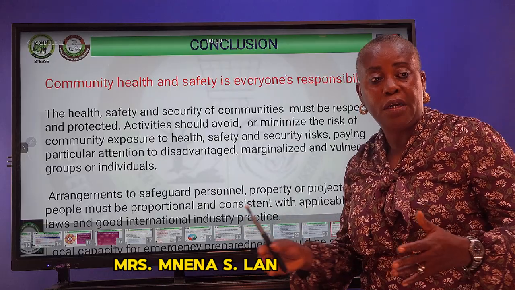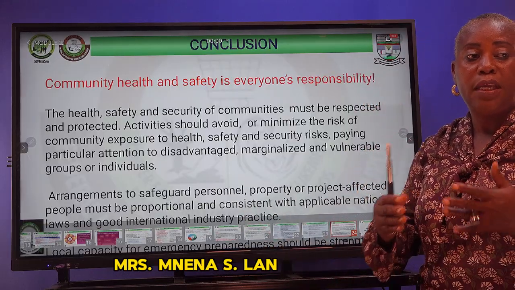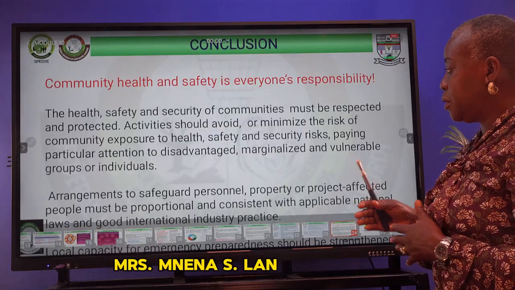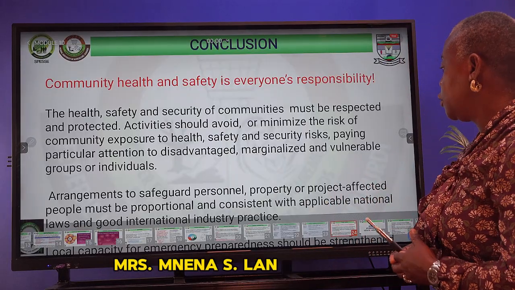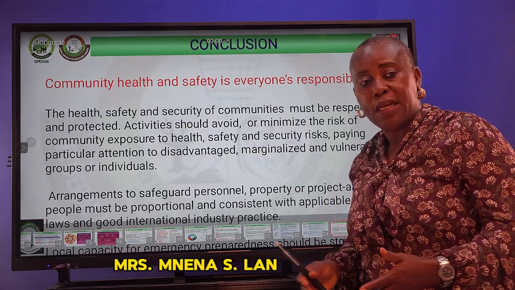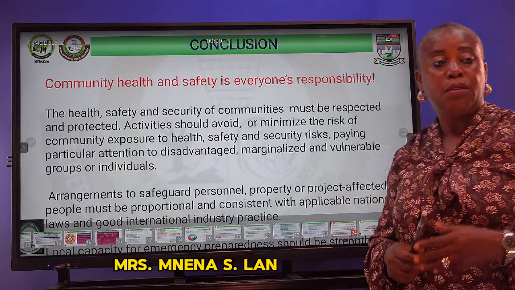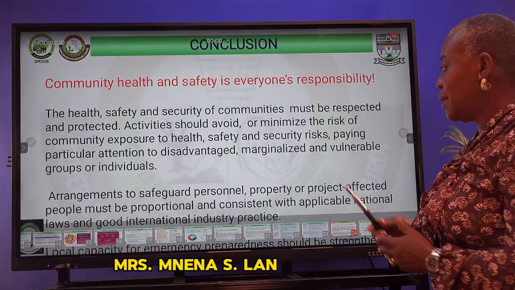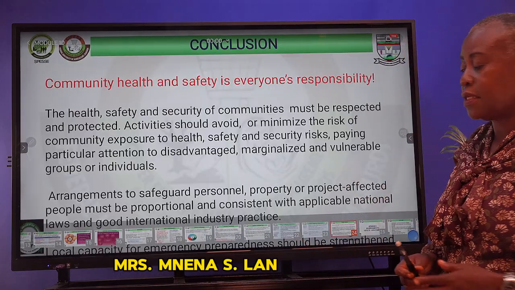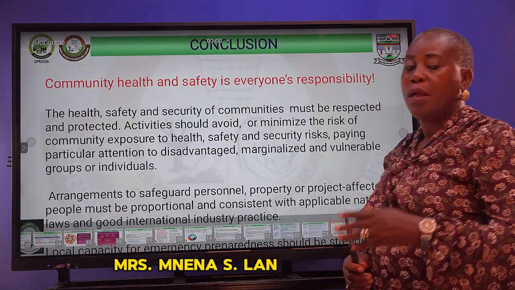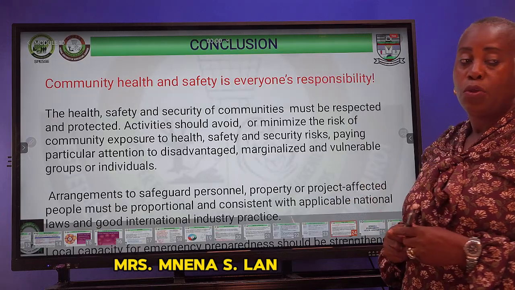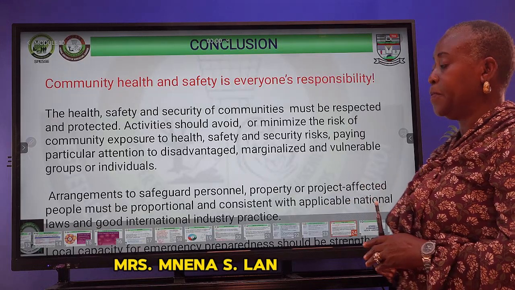Actions differ depending on your level of stakeholdership in the situation, but all must put hands together to promote community health and safety. And there are national and international guidelines, or national and regional laws, that guide best practices in the industry. So everyone must be responsible to promote community health and safety.